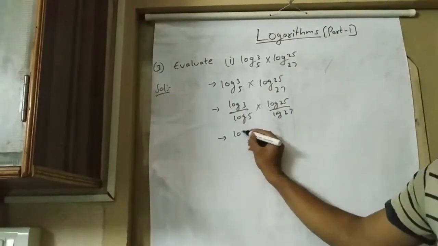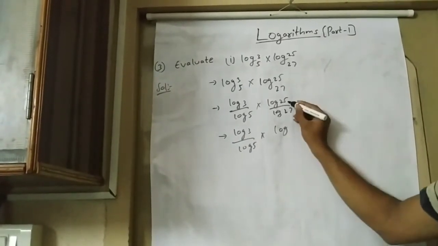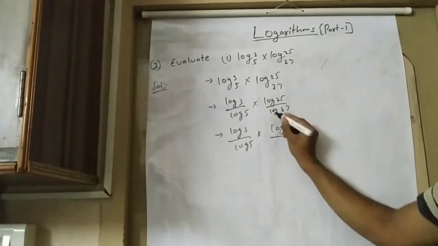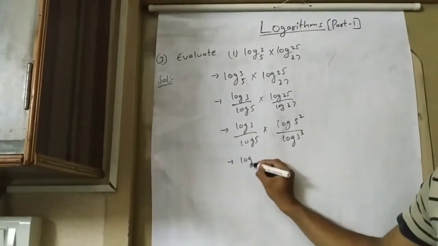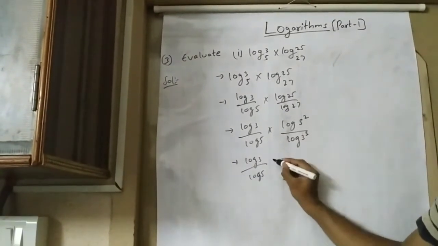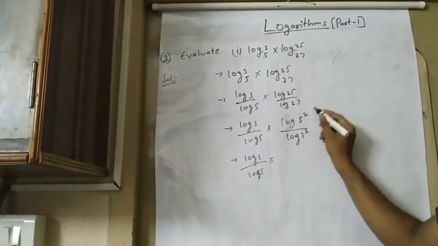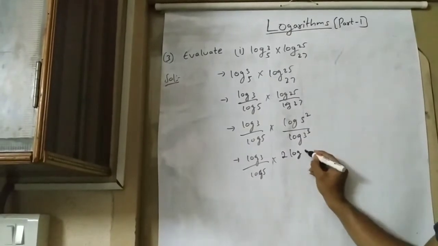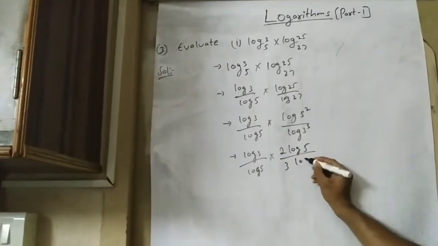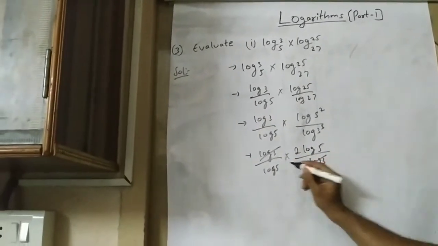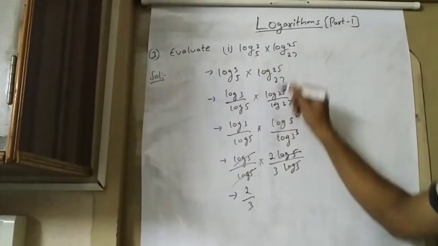That is equal to log 3 by log 5 into, log 25 means 5 square, and 27 means 3 cube. Log a power m is m log a. So log 5 square means 2 log 5, and log 3 cube means 3 log 3. Log 3 will be cancelled, and log 5 will be cancelled. That is equal to 2 by 3. So the value is 2 by 3.